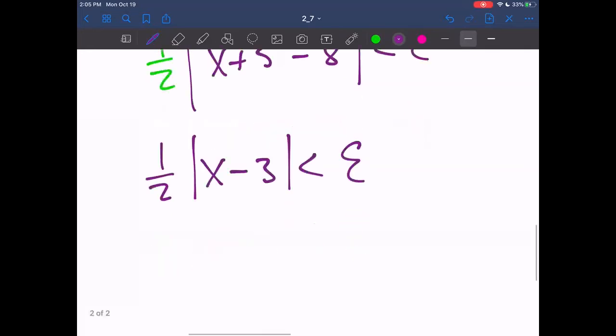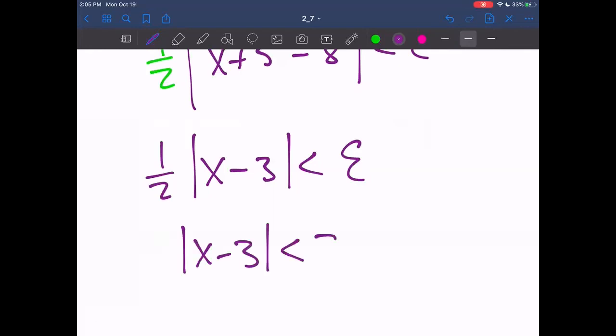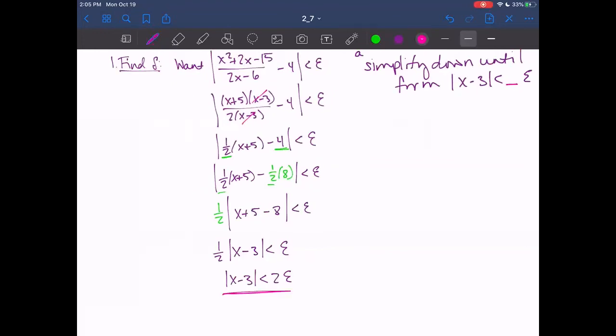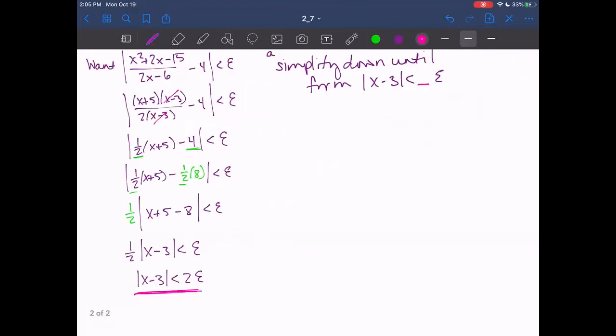Then I can multiply over to get absolute value of x minus 3 is less than 2 times epsilon. And that's the form we wanted up here. Remember, we wanted absolute value of x minus 3 is less than something times epsilon. It is possible for that something to just be 1, and you'd just get x minus whatever is less than epsilon, which is fine.